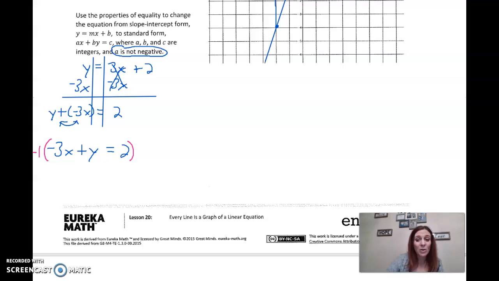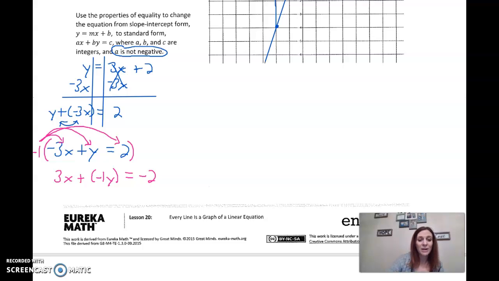Except, remember, whatever you do to one term, you got to do to all of it. So negative 1 times negative 3x is a positive 3x. Negative 1 times y is going to be negative 1y equals, and don't forget, we have to go over here too, negative 1 times 2, which is a negative 2.